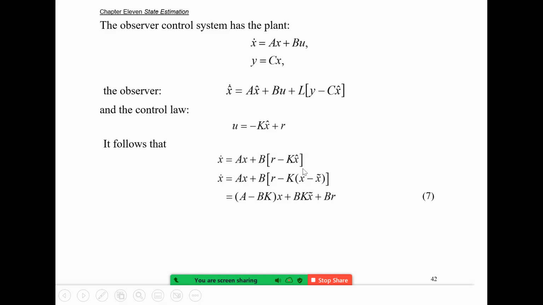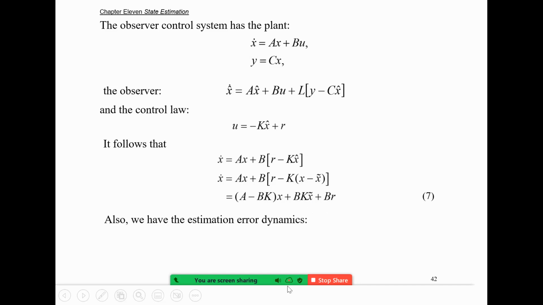Because x tilde is x minus x hat, x hat equals x minus x tilde. Plugging it in, we have x dot equals (A minus BK)x plus BK times x tilde plus Br. Now you can see if x tilde is 0, that is, if the estimation error is 0, then A minus BK is the original equation with state feedback. But now we have an extra term, x tilde.